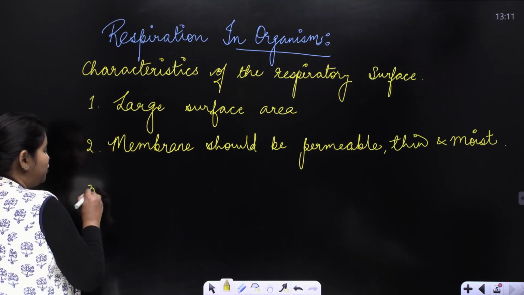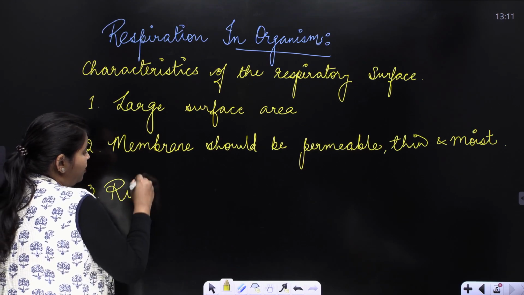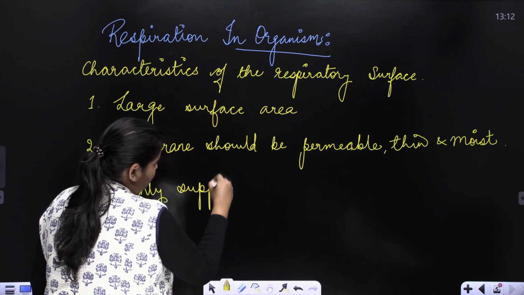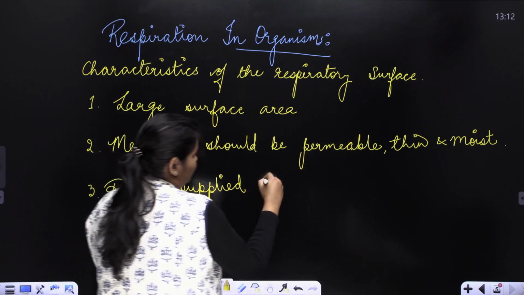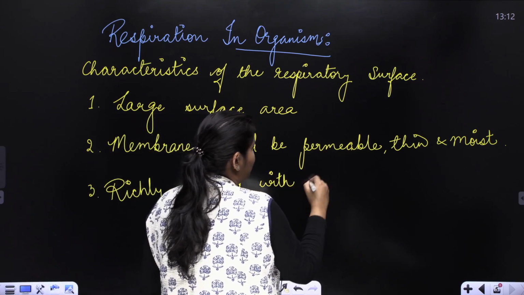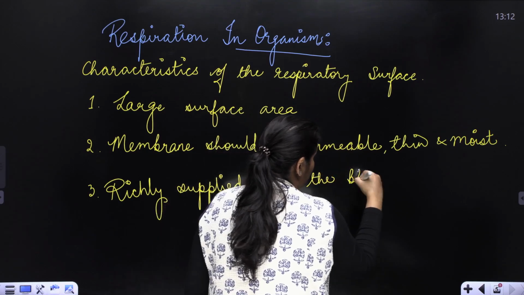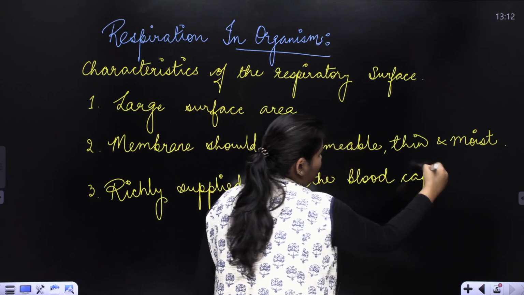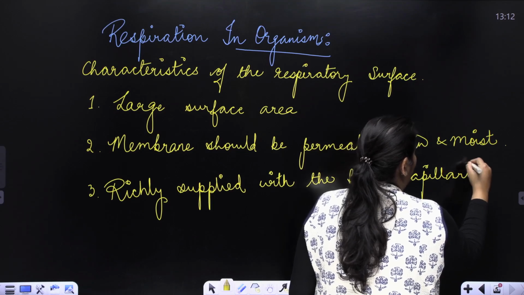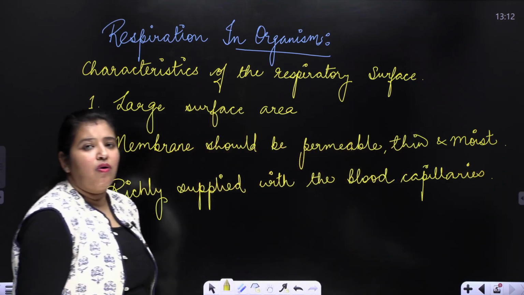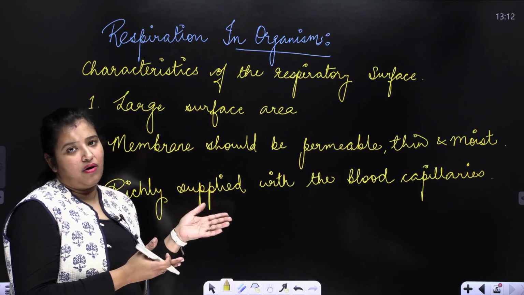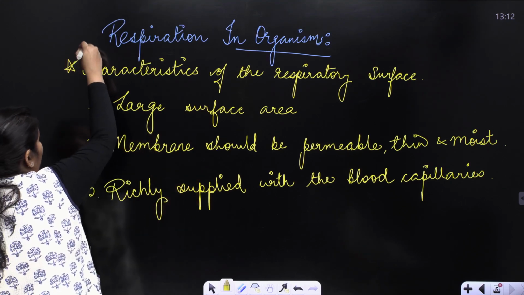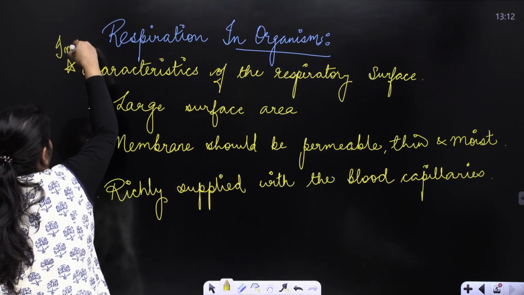And the third one that you need to remember, it should be richly supplied with the blood capillaries. Because if it is richly supplied with the blood capillaries, then only the blood with oxygen is going to reach these organs. So the respiratory surface should have these three characters, and remember, these are very, very important.